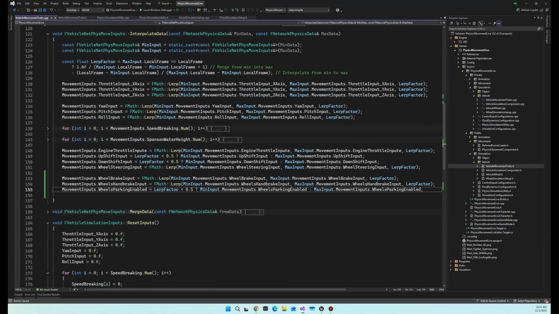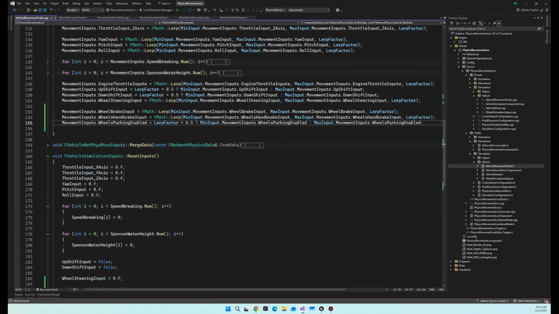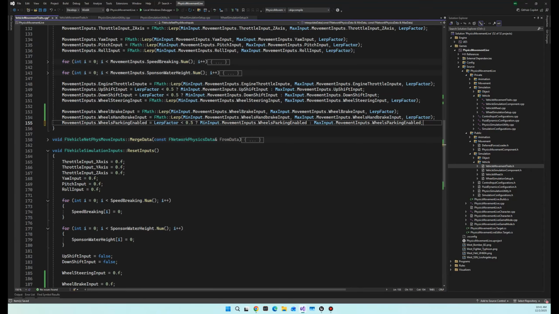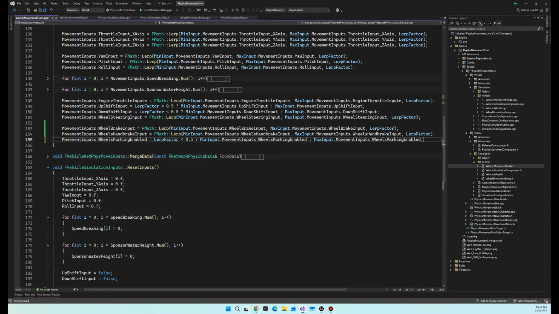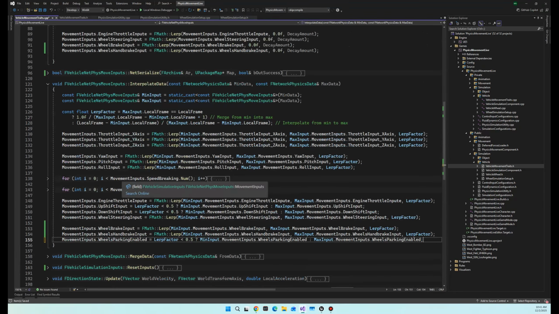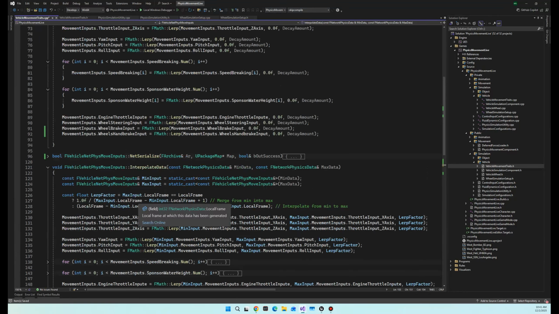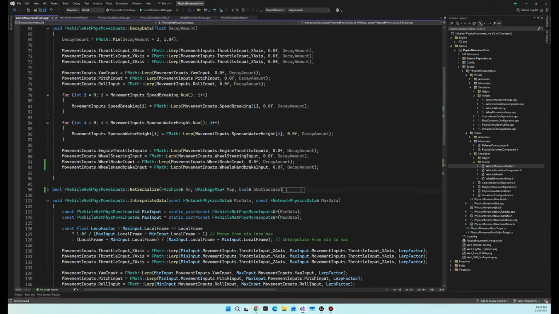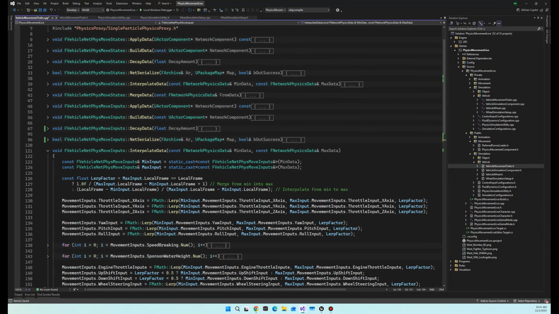All right, so that's there. That should set us up for our interpolated data, our decay data, as well as our serialization. So I think we're all good there.